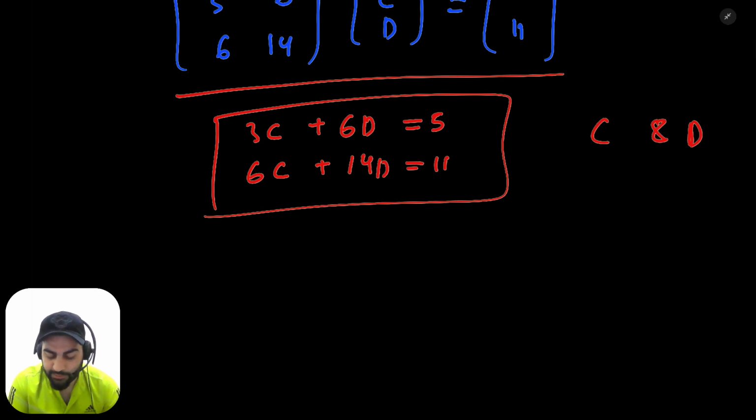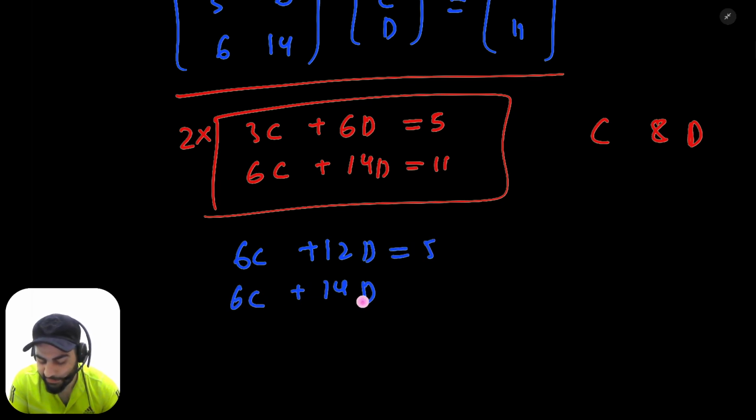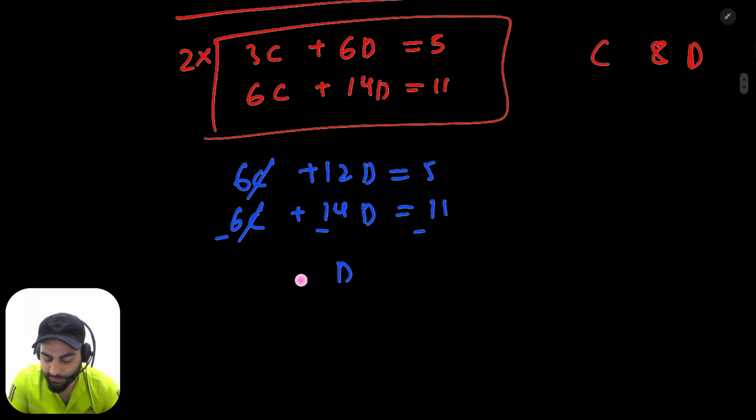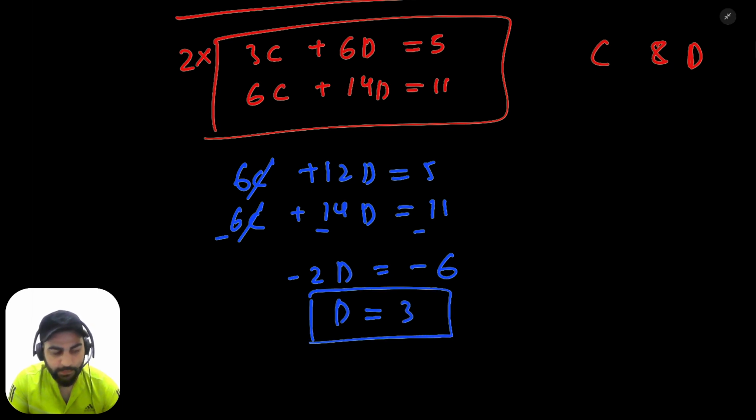How to do this? We'll multiply the upper equation by 2, so we'll get 6c plus 12d is equal to 8, and then we have 6c plus 14d is equal to 11. Now we'll subtract, and the 6c cancels. So this is 2d is equal to 3.